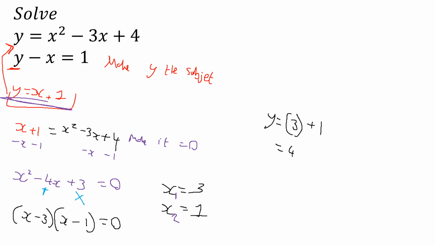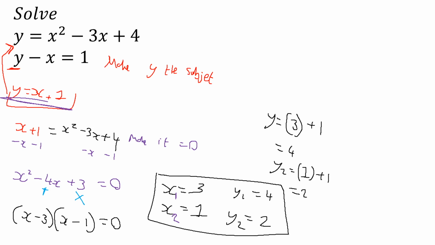So if x1 is equal to 3, y1 is equal to 4. And finally, when x2 is equal to 1, y2 is going to be equal to 1 plus 1, which is equal to 2. So if x2 is equal to 1, y2 is equal to 2.